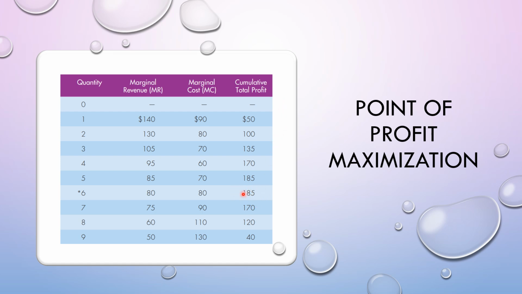Here is your maximum profit. If you go below that, then you get less than 185 ringgit. Or even when you sell 7, 8, or 9, you'll see that your cumulative profit will be lesser than at 6.